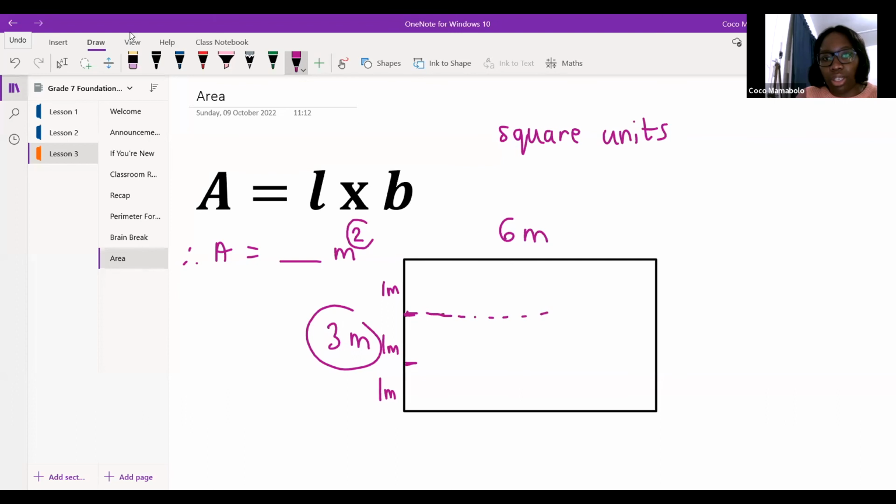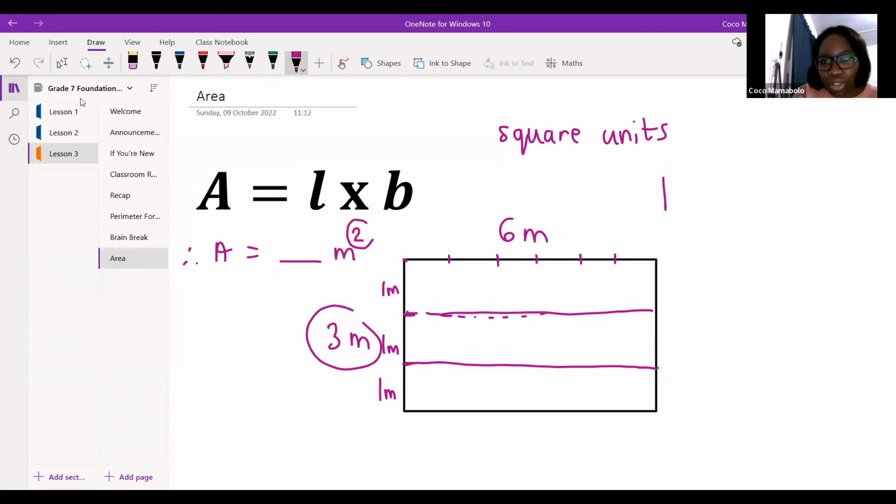Now I'm going to go in. I'm going to calculate 1 meter all the way across. And then I'm going to start over here, and calculate 1 meter, 1 meter, 1 meter, and I'm going to run out of space because I clearly didn't space that correctly. Let's try that again. 1, 2, 3, 4, 5. There we go. We're going to pretend that Teacher Coco's squares are actually squares, guys.